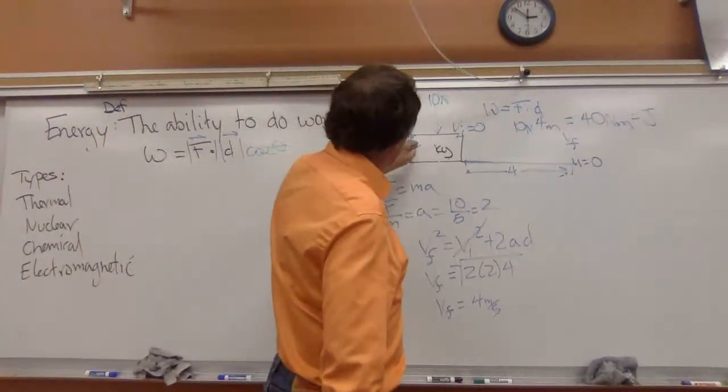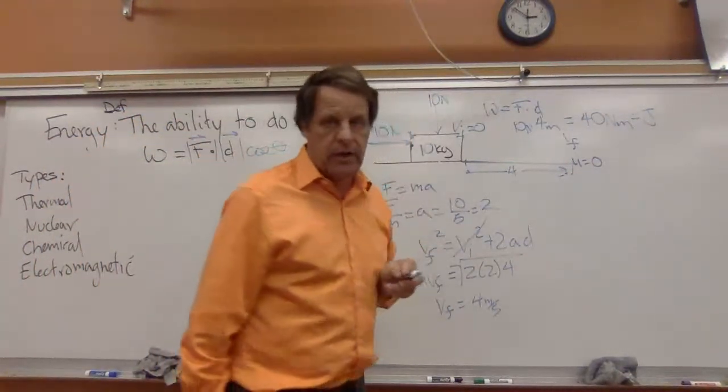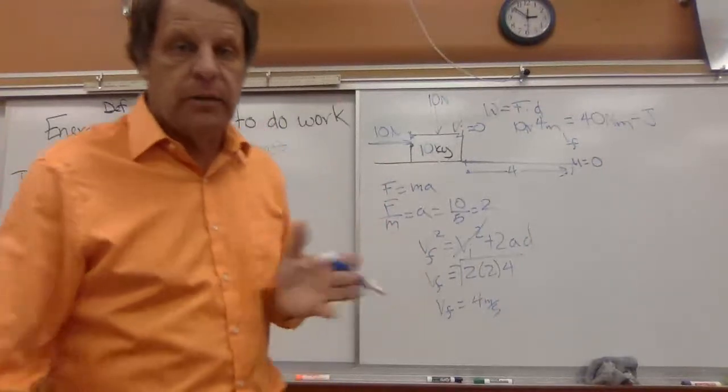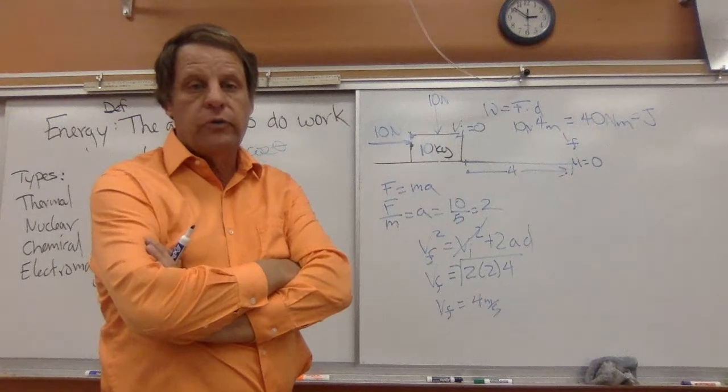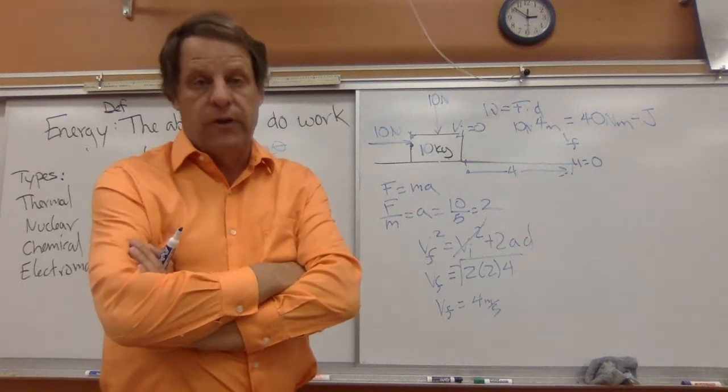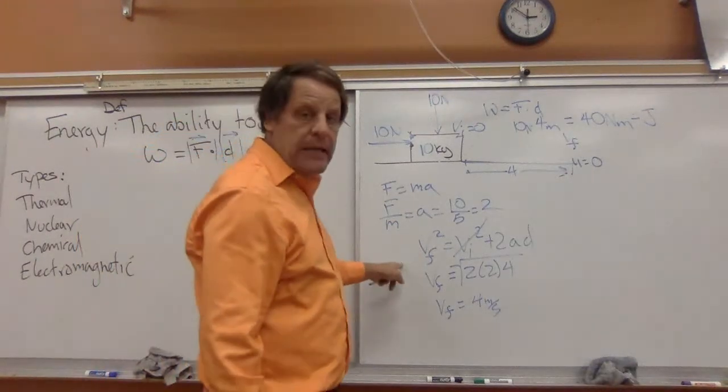What if this is 10 kilograms? If that is 10 kilograms, it's still going to be 40 joules of work. Now, what's the difference when it comes to speed here?